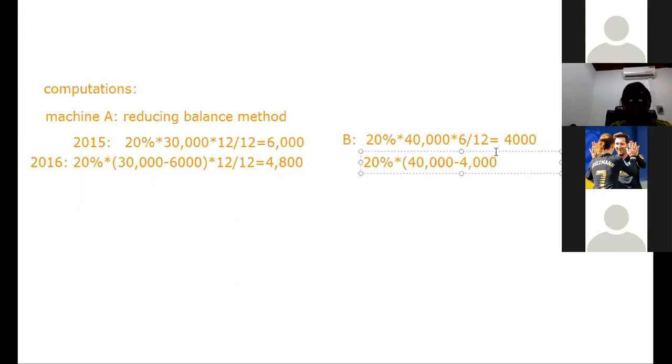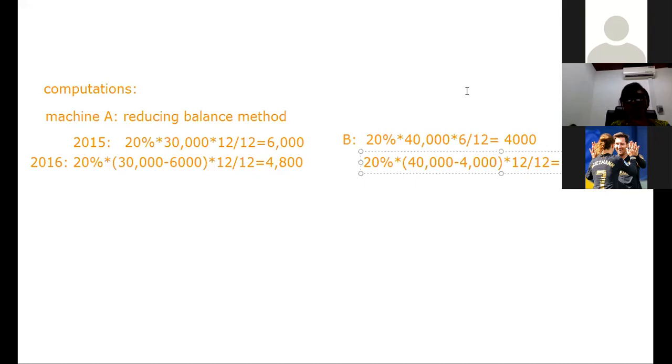Okay. This time, what will it be? Times 12 over 12. Exactly. And how much is it giving us? 7,200.